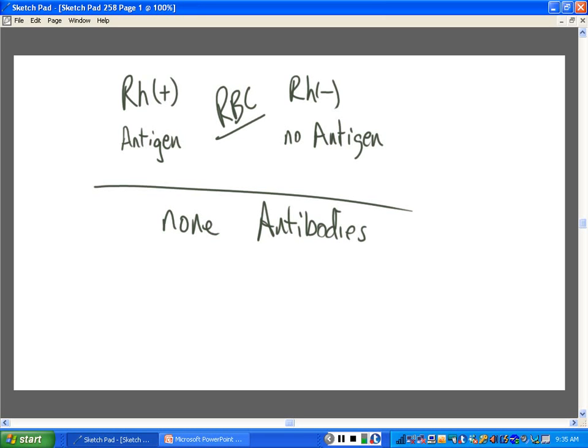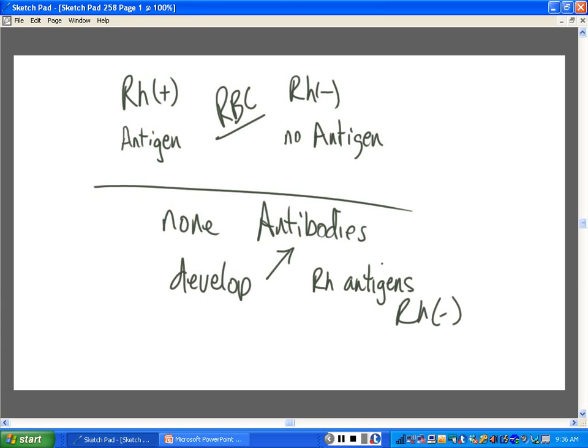The only way that you develop the antibodies is if you get Rh antigens somehow into an Rh negative person's blood. Because an Rh negative person has no antigen, so they will develop the antibodies to fight that, if that kind of blood is put in them.